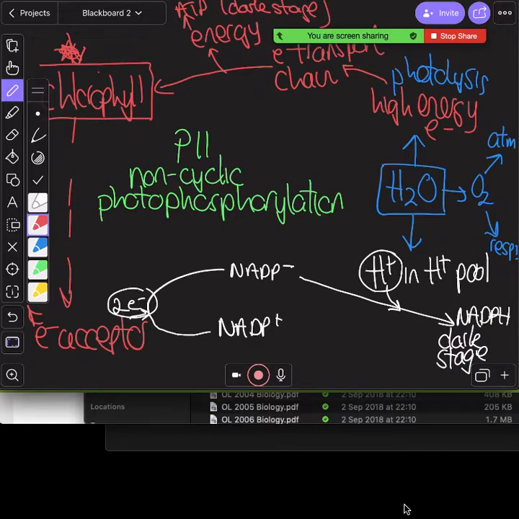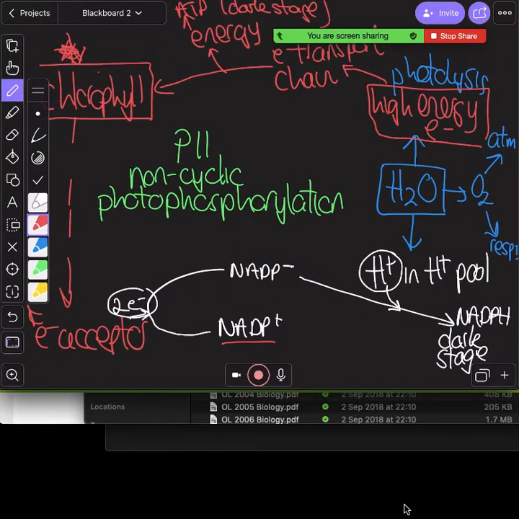Because those electrons get caught up in your NADP plus, if that kept happening and they weren't replaced, then photosynthesis would stop, because there's only so many electrons present. So you have to keep replacing the electrons, and in pathway 2 the replacement comes from up here, from the water splitting, and those electrons return to chlorophyll, so that they can be kicked out for pathway 1 or pathway 2 again. Does that make sense, Miles? Yeah.